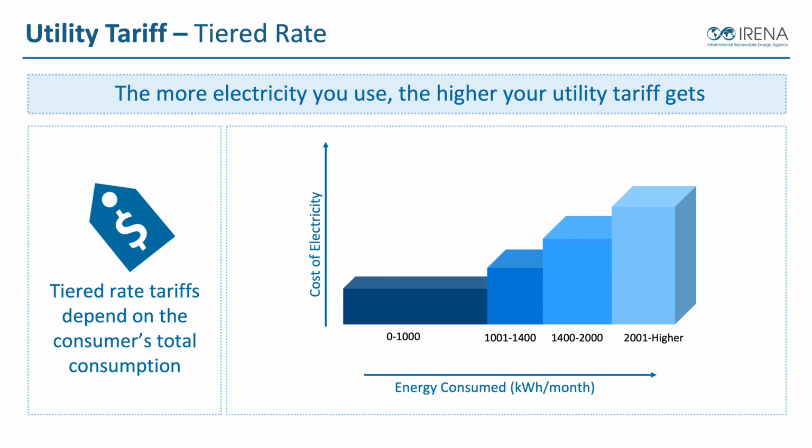And then as we go from 1,000 to 1,400, it's going to be a different price. 1,400 to 2,000 and 2,000 and higher. So these are just some example numbers that will say in these different ranges of consumption, you're going to pay a higher price of electricity as you go up. So that affects your bill, and it'll also affect the return on investment of your solar and how that all gets calculated together.